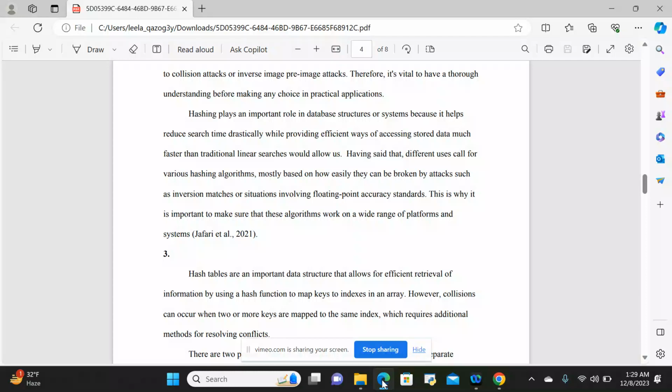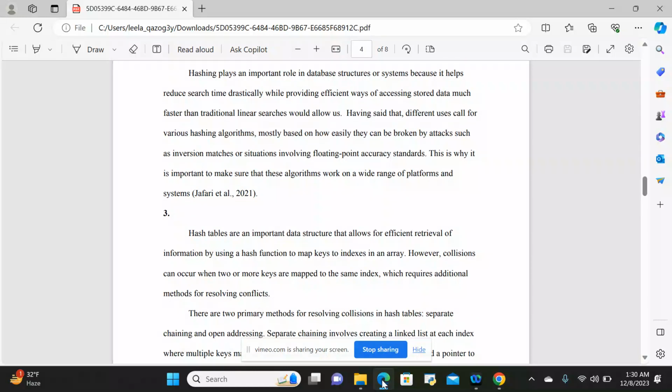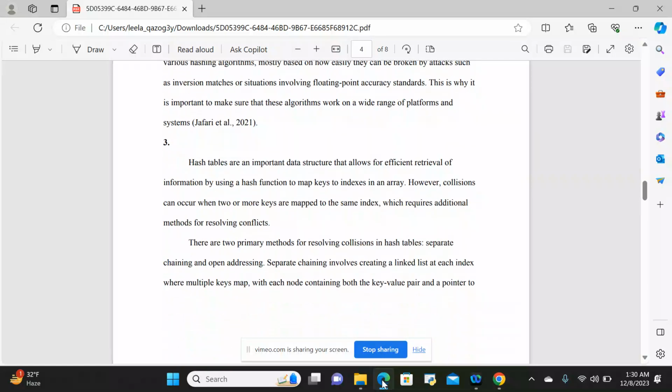Having said that, different use cases call for various hashing algorithms, and some can be broken by attacks such as inversion or situations involving floating point accuracy. This is how it is implemented to make sure that these algorithms work on a wide range of platforms and systems.